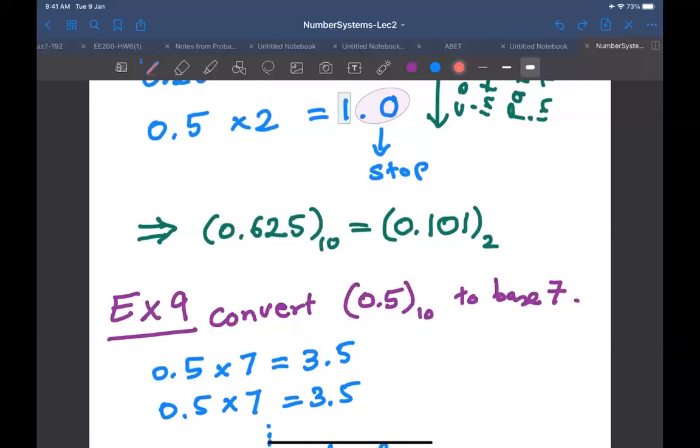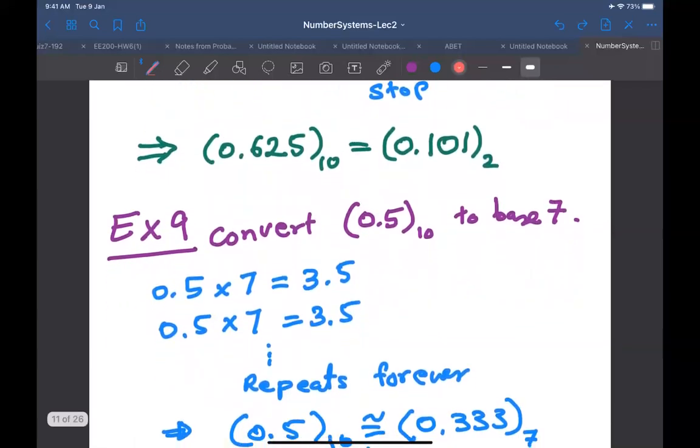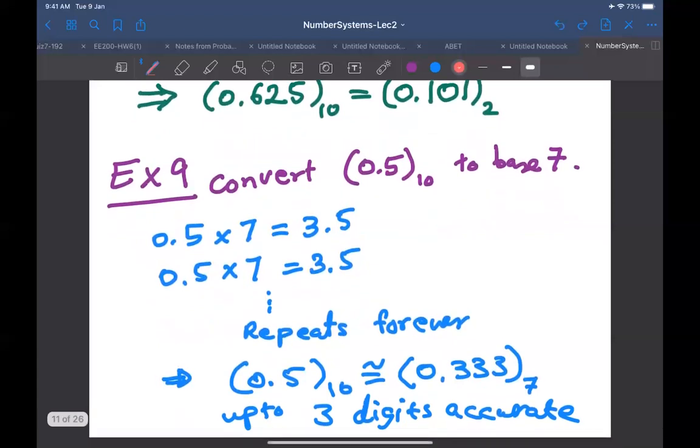So 0.5 in decimal is going to be equal to 0.3333, etc., an infinite number of threes in base 7. So if the question says approximate your answer to 3 digits after the radix point, then this is the answer: 0.333 base 7.